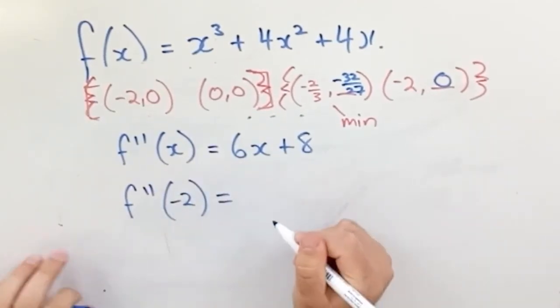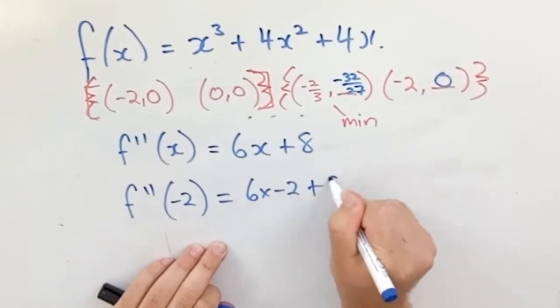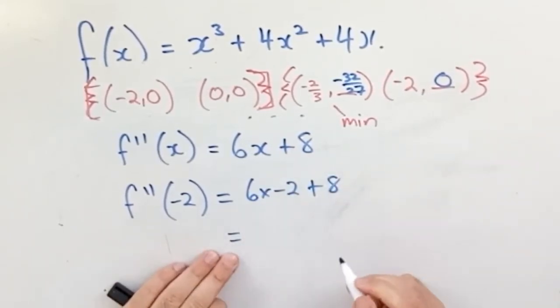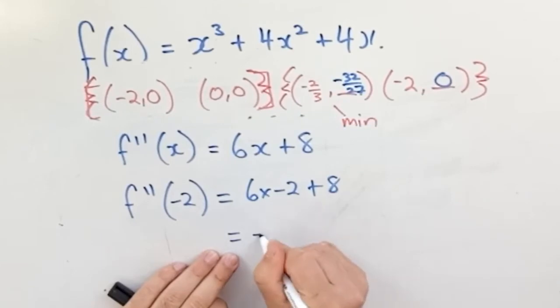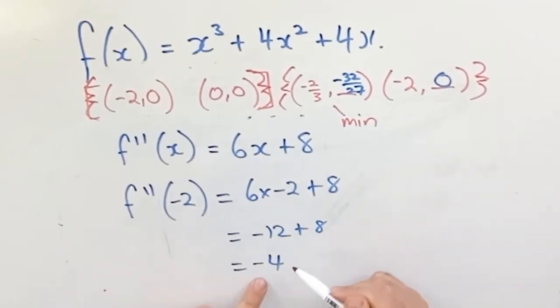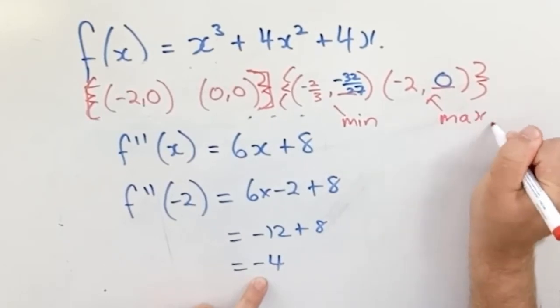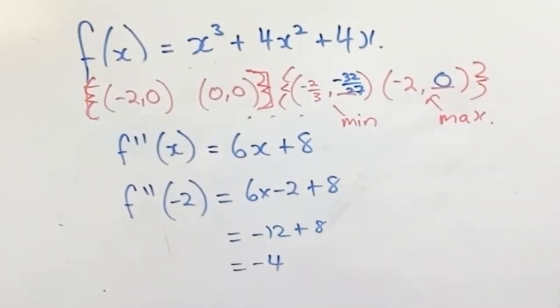What do we get? 6 times negative 2 plus 8. What's that equal to? That's negative 12 plus 8, which is negative 4, which is less than 0, which means concave down, which is a max. Okay, so we've got a maximum turning point there, minimum turning point there.